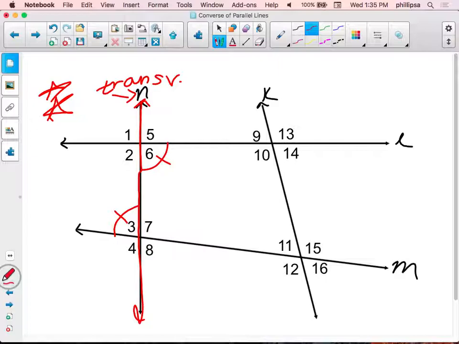I think on the activity you'll find it helpful to use colored pencils, which are up front. You probably don't need them now, though. So the next thing I'm going to do is highlight the other 2 lines that are involved.